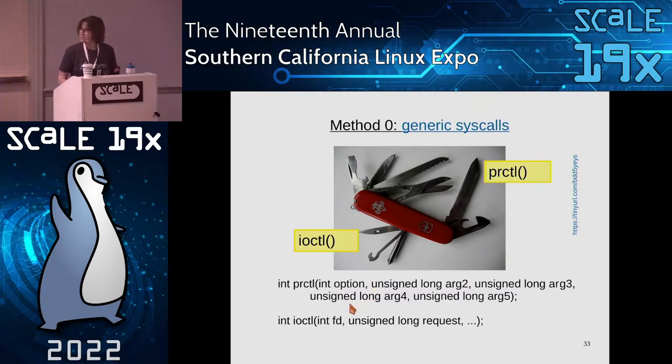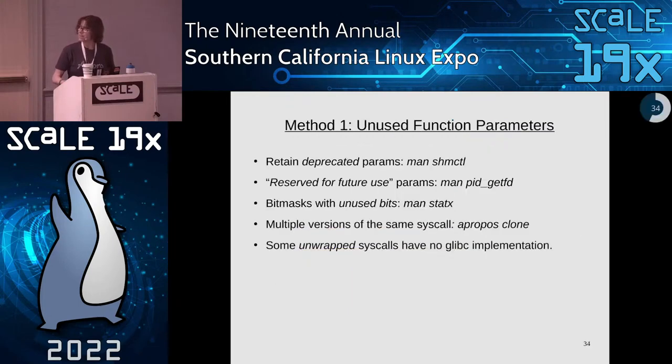So if you don't find prctl generic enough, you can use ioctl, which also has unsigned long request and is varargs to boot. So you can do a lot of things with these, and if you don't like the existing system calls, at some level you can kind of roll your own with these very generic interfaces. But I don't know whether this is a good example of interface design or not. Arguably not. Not everyone is a fan.